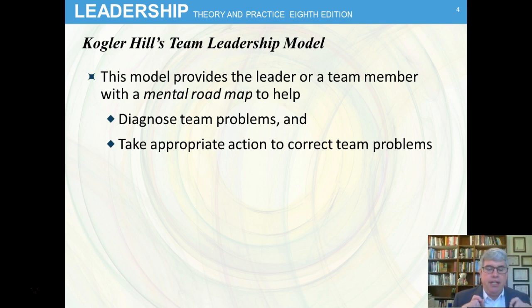It can help the team member or the leaders diagnose team problems and then take appropriate action to correct the team problems. So that's what this team leadership model is focusing on: figuring out when there's a problem, what the problem is, and then figuring out what the intervention, what's the appropriate action to take to correct the team problem.